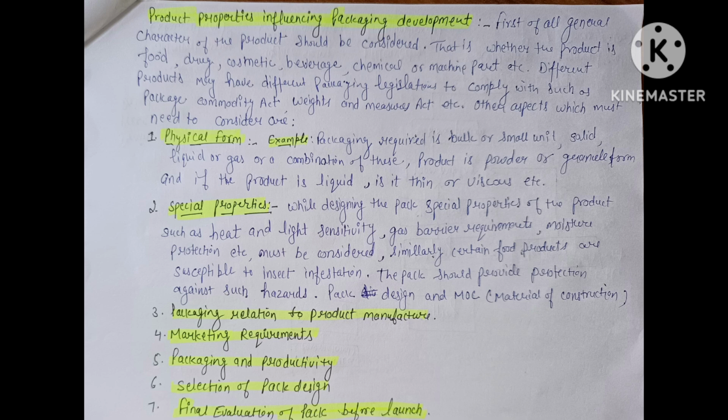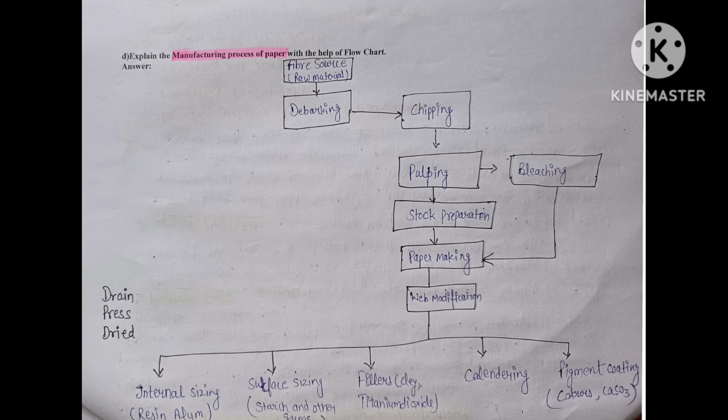Pack design, MOC, material of construction. Then some other properties to be taken care of while developing package are packaging in relation to product manufacture, marketing requirements, packaging and productivity, selection of pack design, and final evaluation of the product before launch.